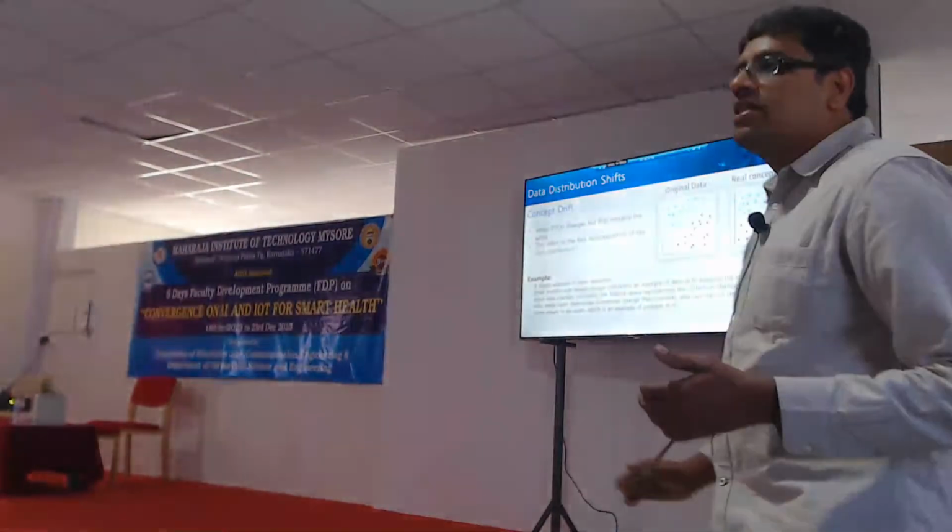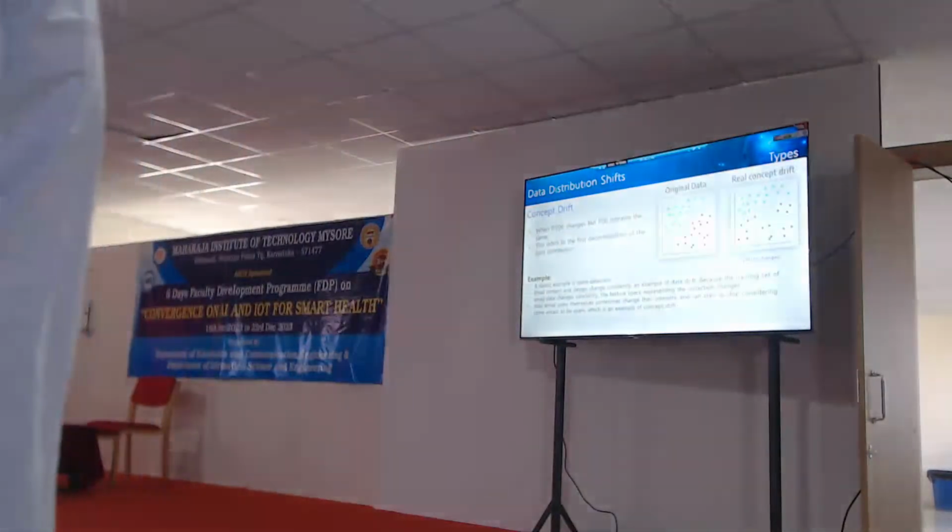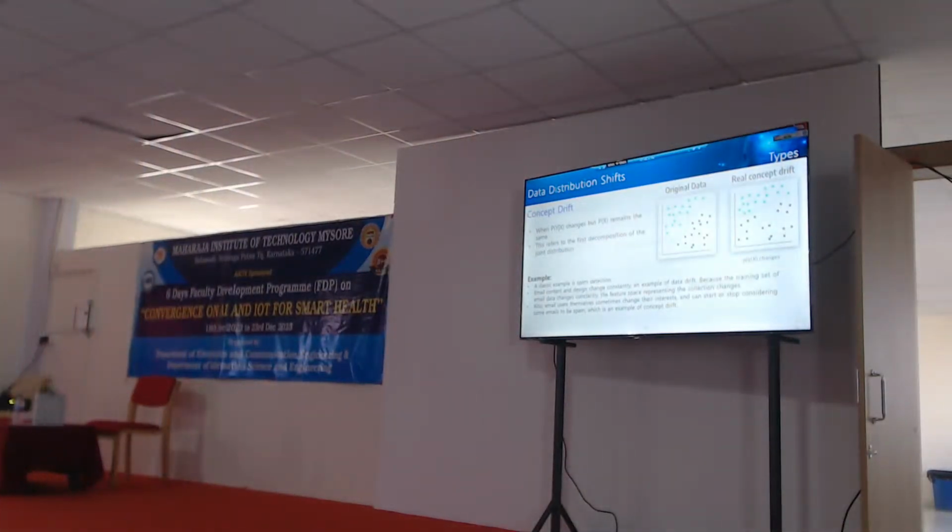A very good example is spam mail detection. We classify our mail as okay mails and spams, right? How will spam be detected? Based on the content of the mail, we decide whether it is spam or not. Whenever we open a mail which is not relevant to me, we say it is spam. There is a button called spam. Initially, let us assume I clicked on some mails and they were identified as spam.